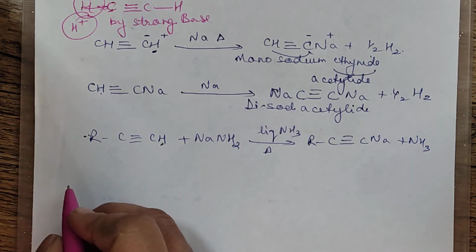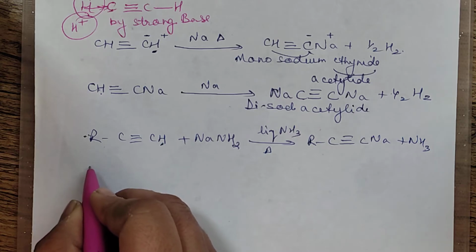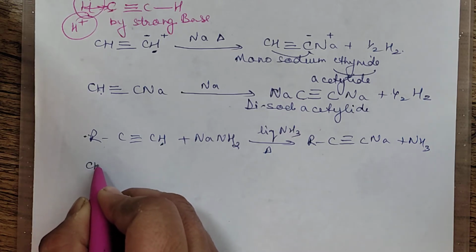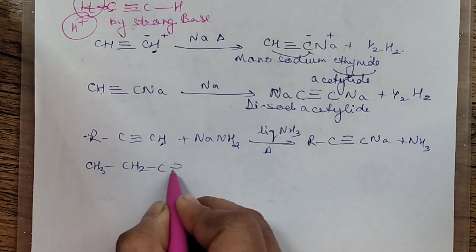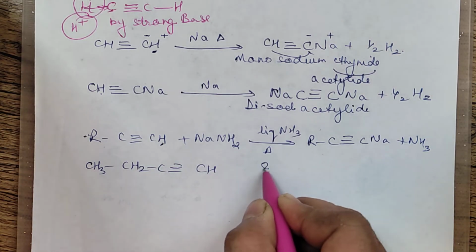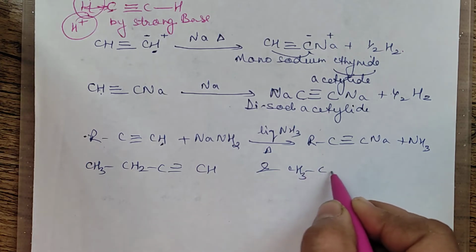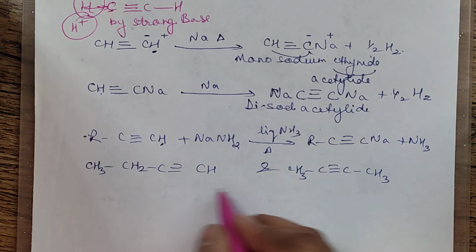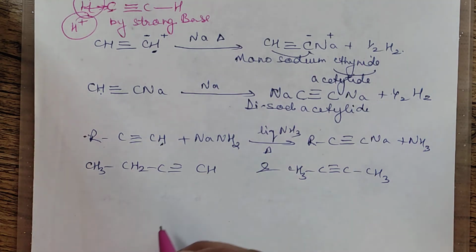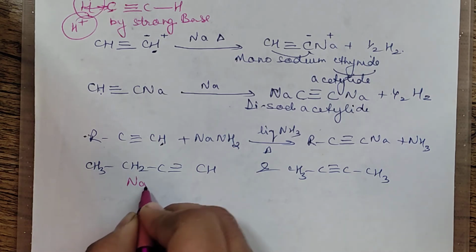Okay, so suppose you are asked a question, how will you distinguish between but-1-yne and but-2-yne? Like this. Suppose you have but-1-yne and but-2-yne. You can write down the reaction with sodium.